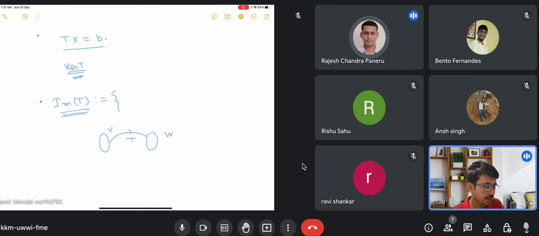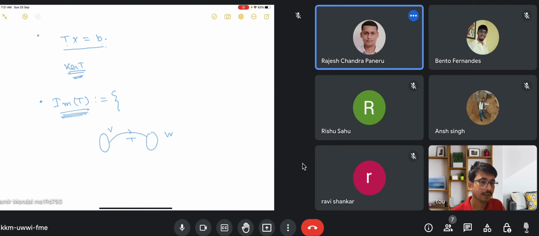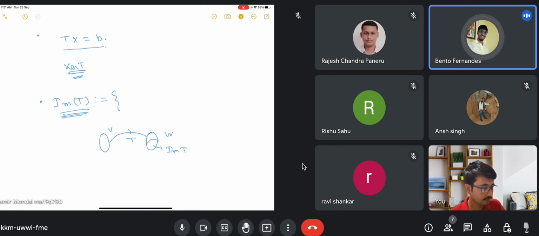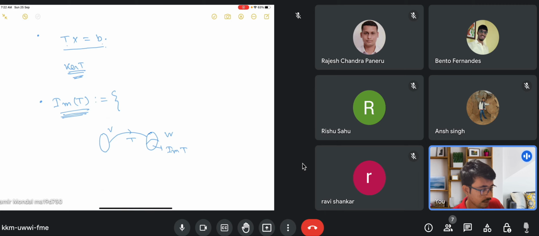It is a subset of W, and we can define it as the set of all T of v such that v belongs to the domain, capital V. Is it fine?